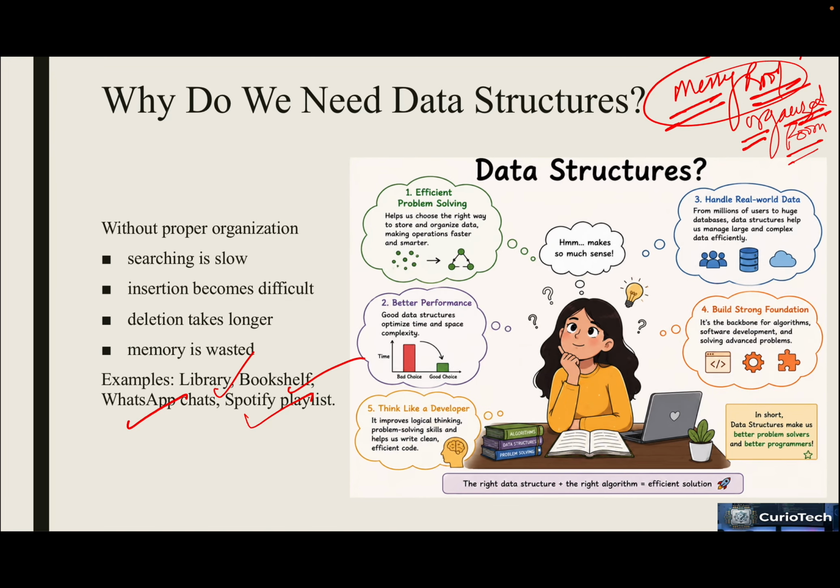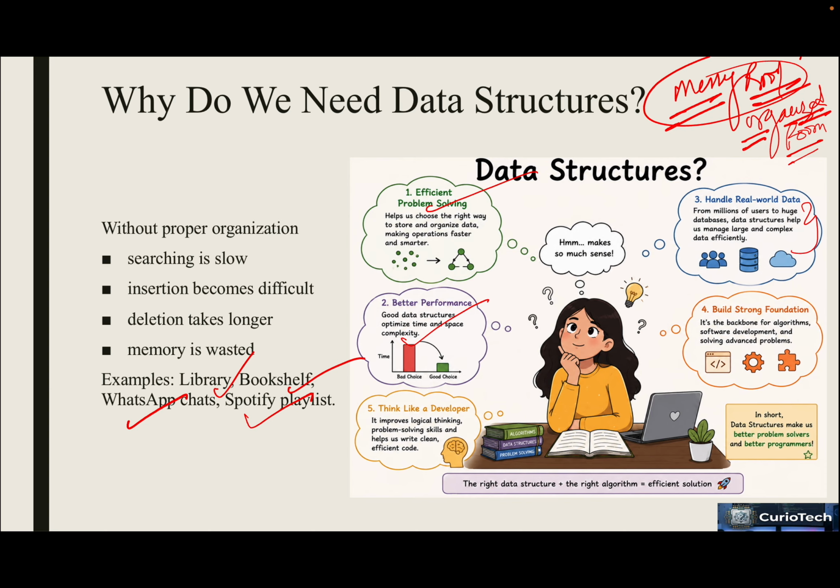Now let's summarize what data structure is. First is efficient problem solving. By using data structure, it helps us choose the right way to store and organize data. And if we are storing and organizing data and it is performing much better, then that means the performance has increased, meaning our data structure is working efficiently. Third, it can handle real world data.